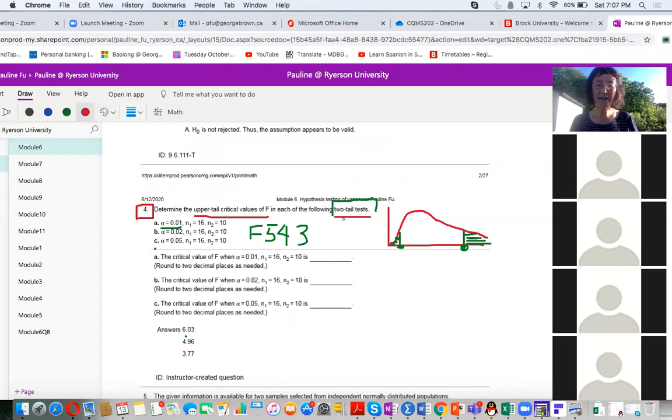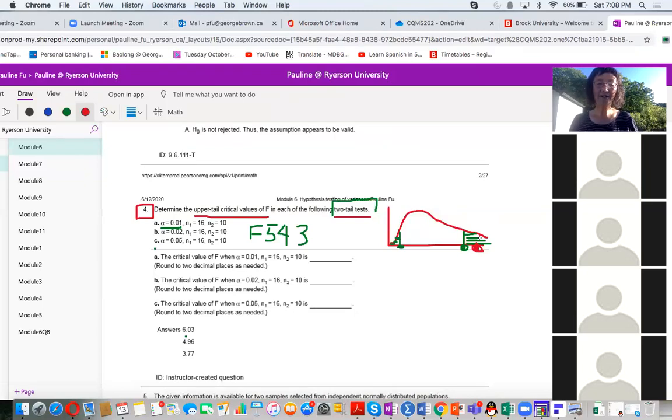And if your test statistic is in the rejection region, you reject H0. The same principle as we did for the t-test and the z-test.